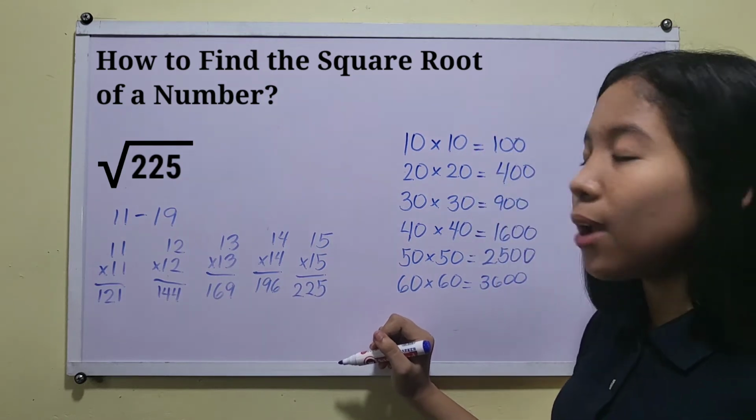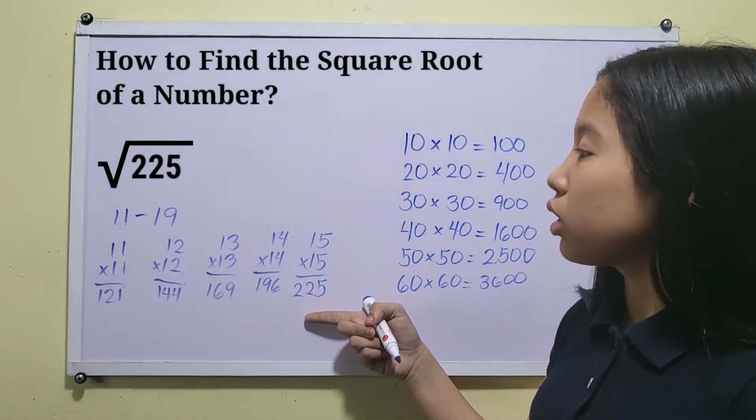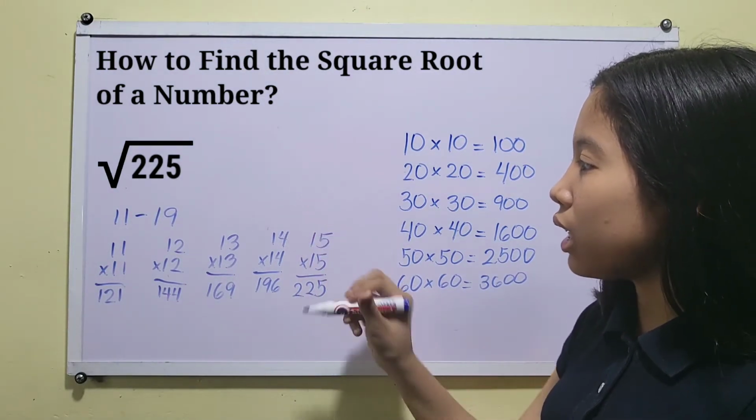So as you can see, we have finally reached the number we are looking for. So the square root of 225 is 15.